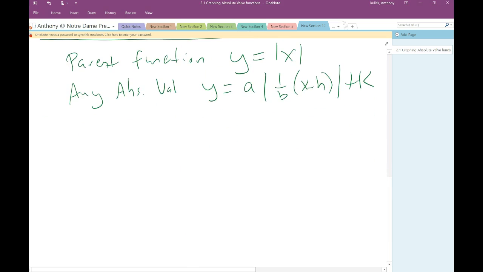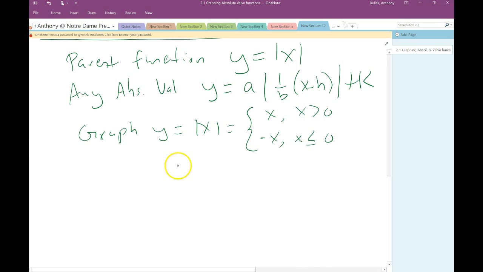So let's just take a quick look at the graph of the parent function, y equals the absolute value of x. And when I think about this, I'm going to think about this using the piecewise definition. So if I pick some x's and some y's, this part of my piecewise function is a linear equation, just y equals x. So maybe I pick like 1 and 2.